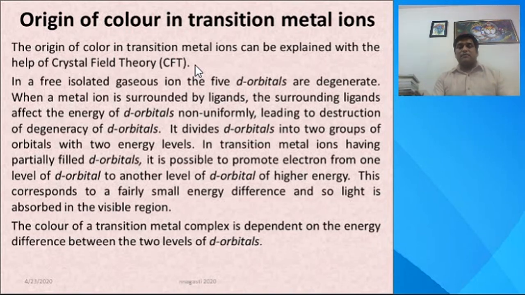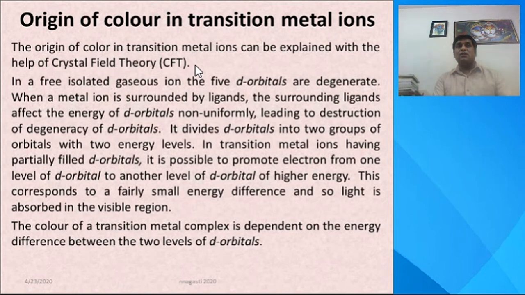And for dx square minus y square and dz square, their lobes are lying along the axis. So these are the 2 categories of orbital. But as long as these metal ions are isolated or in free form, not bonded to any ligand in order to form a complex, all these 5 d orbitals are degenerate.